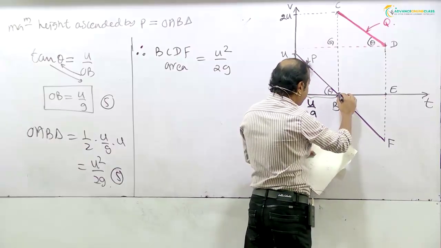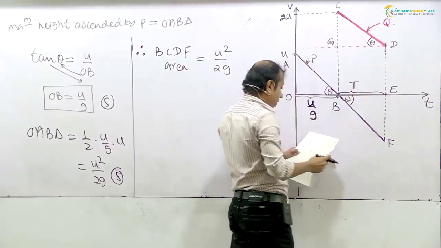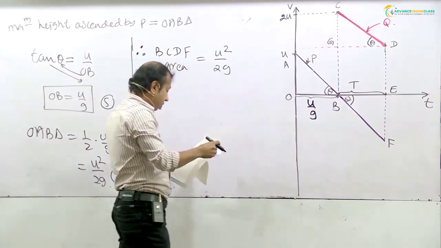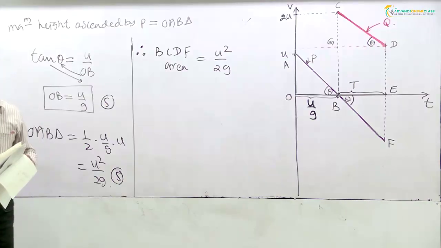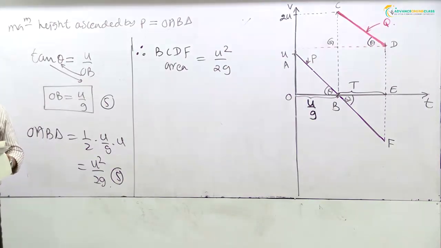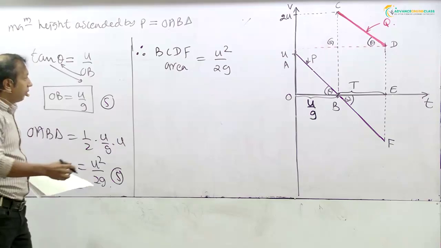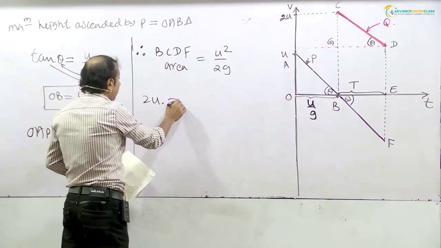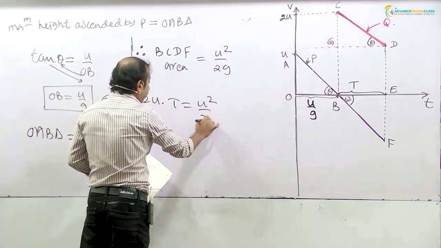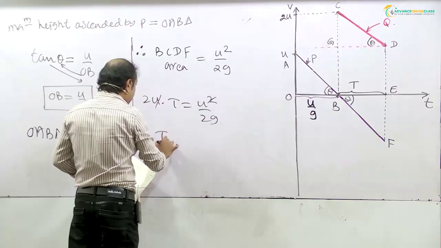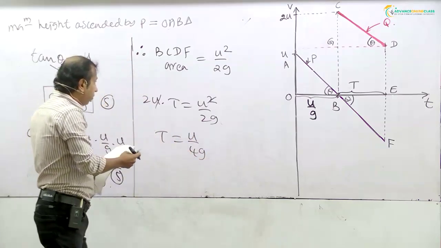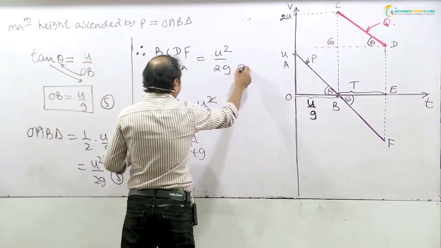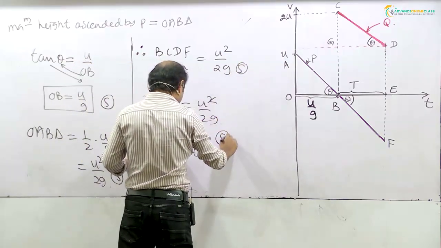I'm going to take this as T. So what is that? 2U into T equals U squared over 2G. This and this we can cancel down. T equals U over 4G. 5 marks for this, and 5 marks for this.